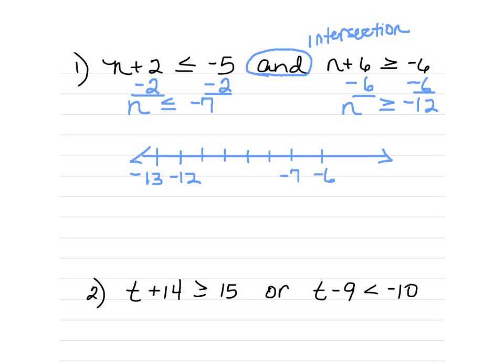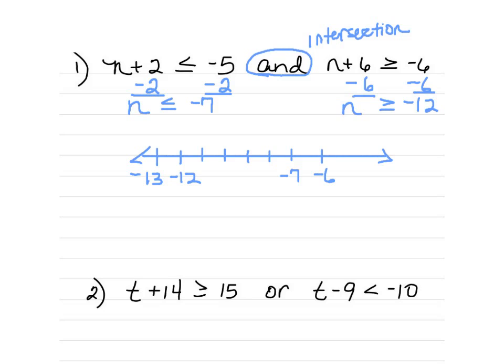So we have the basic numbers that we're dealing with here. n is everything greater than or equal to negative 12, so on negative 12, I'm going to have a closed circle. And then n is everything smaller than or equal to negative 7, so I need to have a closed circle on negative 7.